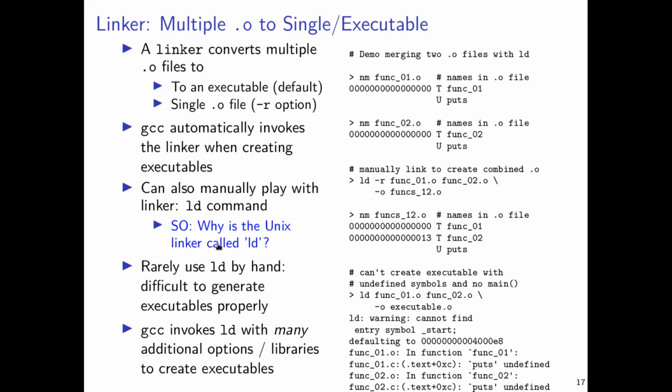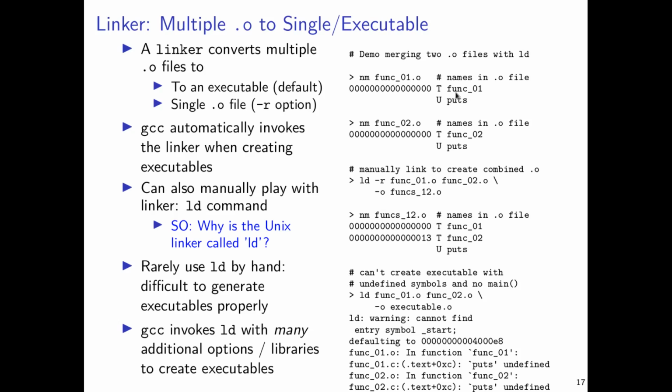And the reason that it's called LD, which seems like it should be more associated with the loader, is that there is actually very little difference between the linker and the loader, and that they have to be very closely related to each other to get the job done. But as an example of this, you'll recall there's this little nm utility that if I have a compiled function and run this nm utility on it, it'll tell me what are the global symbols that are present in this .o file.